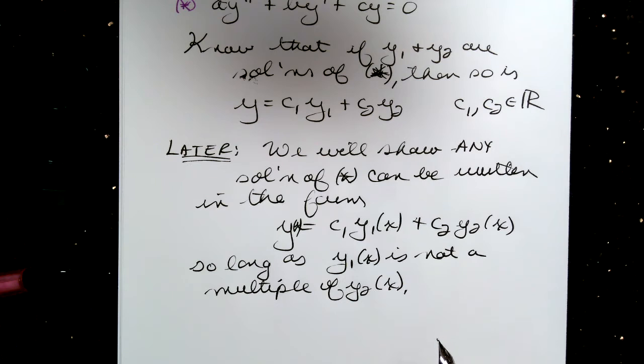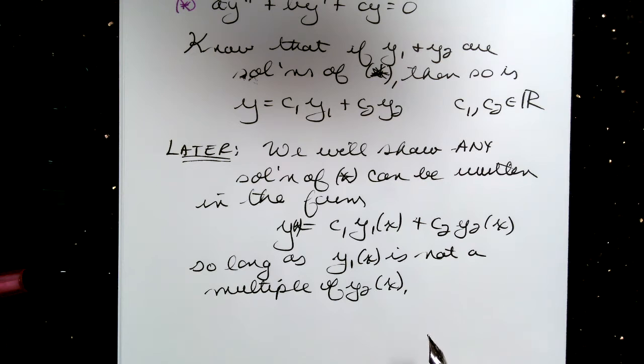Okay. Later on, we'll get a more general notion that we'll be able to use to extend to higher order equations. And we'll call that linear dependence and linear independence. But if you only have two functions, they're linearly independent as long as one is not a multiple of the other.